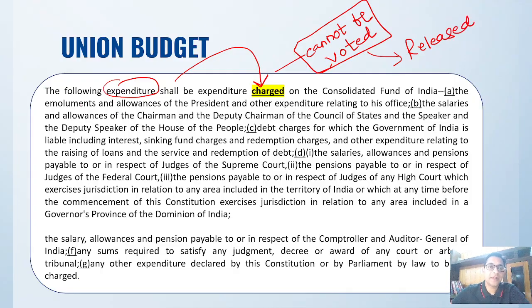That means allowances, salaries of the president, salary of the chairman and deputy chairman of the council of states, speaker, government salaries, okay, all these things, salaries, allowances, and pension of the judges of high court, judges of the supreme court, government officers, okay, these are all charged. They cannot be voted upon. That means you can neither increase it nor decrease it. They are directly charged. And other than that, for any other expenditure, you need to get approval from the parliament, right?